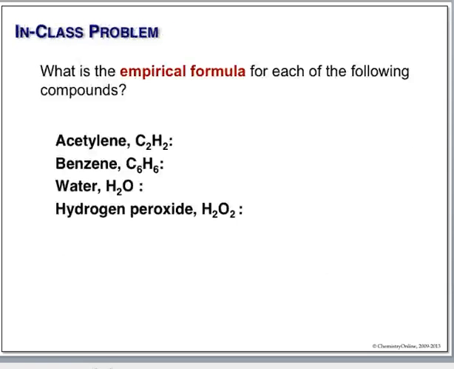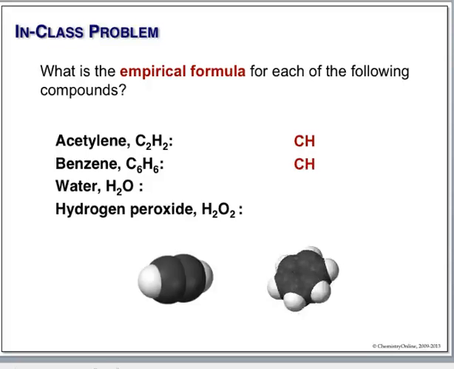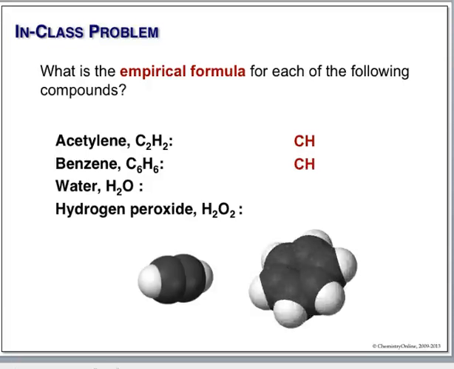What's the lowest whole number ratio? CH. Benzene, C6H6. This is acetylene. This is a carbon-carbon triple bond. Benzene, we've seen it before. It's a ring, 6 carbons, 6 hydrogens. Our empirical formula is still CH.